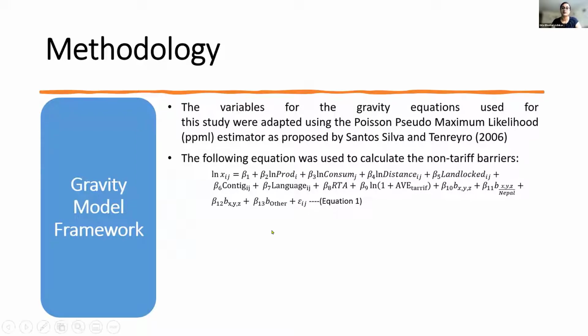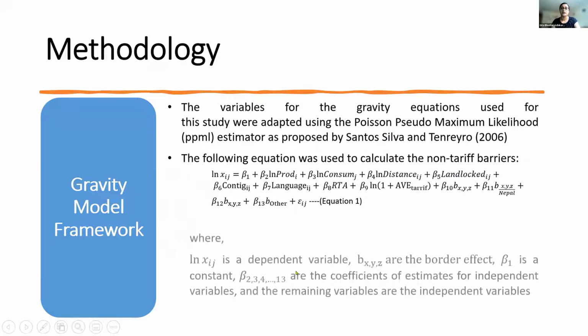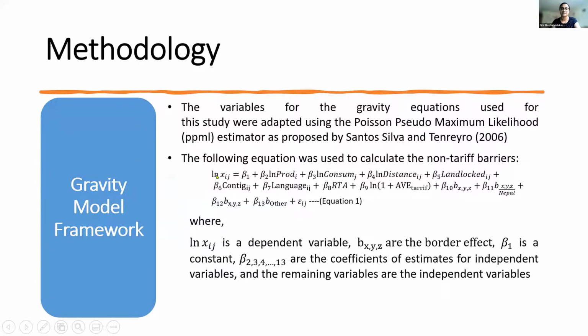And this was the regression equation that I used to calculate the non-tariff barriers, where this is the dependent variable, and production, consumption, distance, landlockedness, contiguity, language, and a regional trade agreement, these all were the independent variables, while other remaining variables were also independent variables.